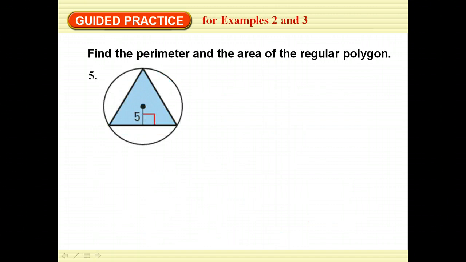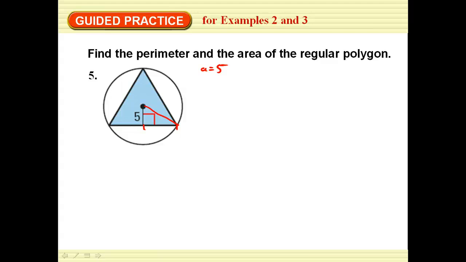Find the perimeter and area of this regular polygon. Well, this is a triangle, so this is an equilateral triangle. I'll drop this down here. I already know my apothem is equal to 5. I need the length of this side. So in order to get that, I've got to find an angle.